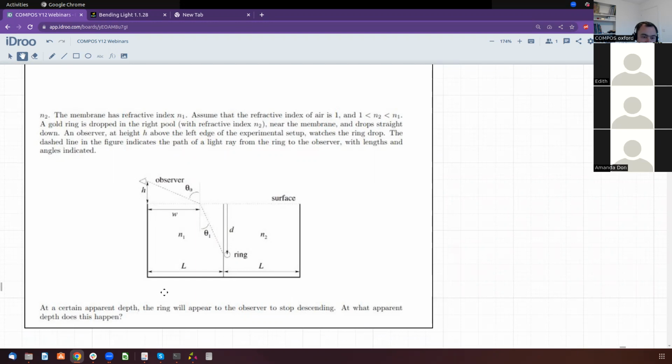Okay. So basically, what's going on here? The light from the ring, so this is the ring and the membrane.